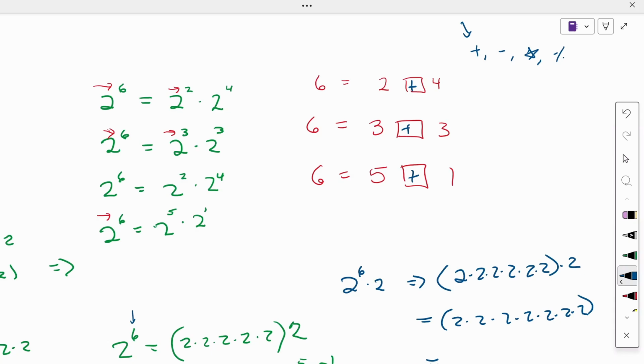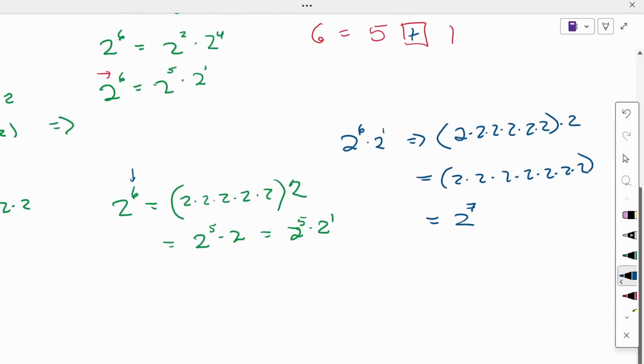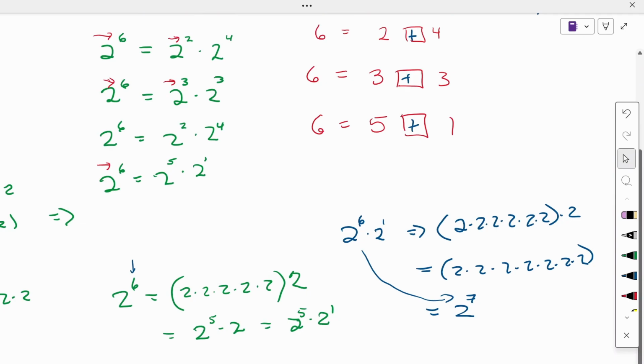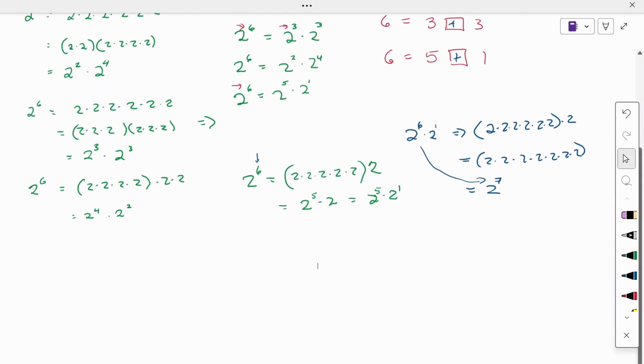And if we count up the number of 2's, you'll see that I now have 7 2's all multiplied in sequence. So we started with 2 to the 6, and if you append another 2 to the end of 2 to the 6, then you get 2 to the 7th, thus verifying that indeed the exponents are related to one another by this additive relationship, if you will.